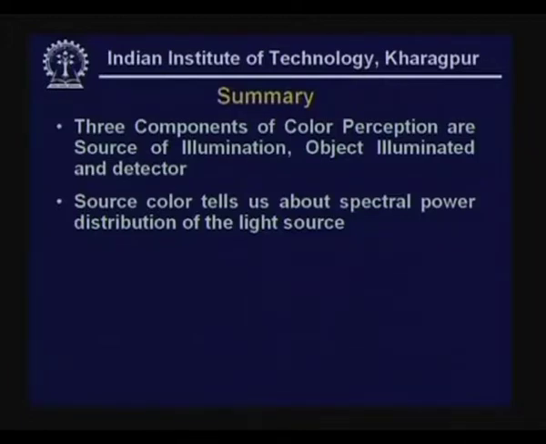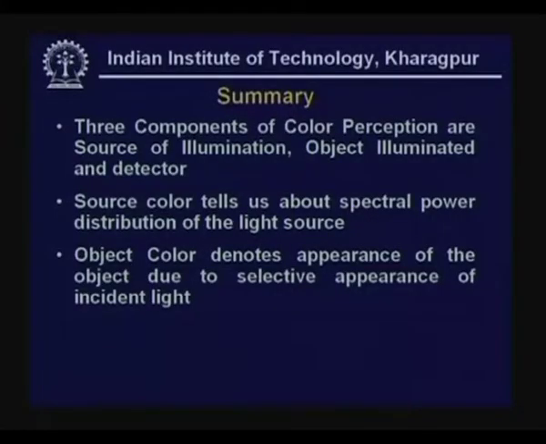Now, the source color essentially tells us what kind of light output is available, or in other words what we call the spectral power distribution. Recall the diagrams we had with the wavelength and the light energy being radiated. The object color depends on the appearance of the object.